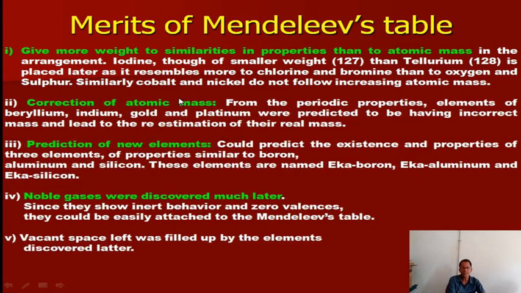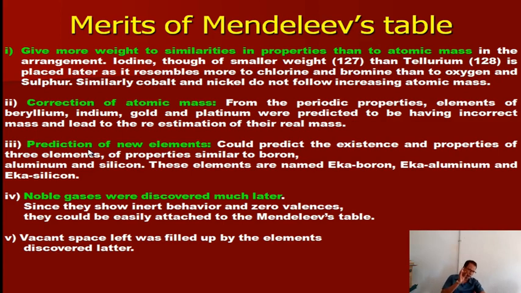Then what are the merits of Mendeleev's table? The first merit is that he gave more weight to similarity in properties. That means during arrangement he mainly emphasized the similar properties of elements.